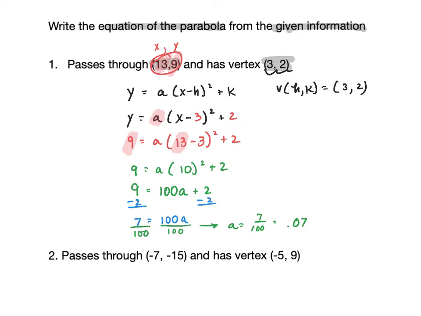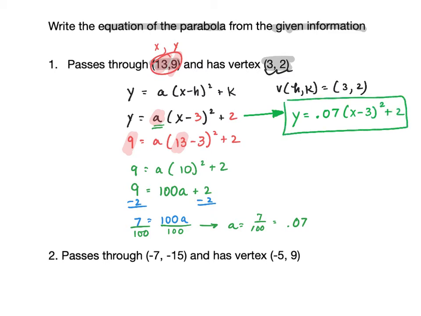Either one of these is fine to use. The point is, now in this equation that I already had calculated everything for except for the a value, I now know a. a is 0.07, x minus 3 quantity squared plus 2. That is the equation for the parabola with a vertex of 3, 2, and it will also go through the point 13, 9.